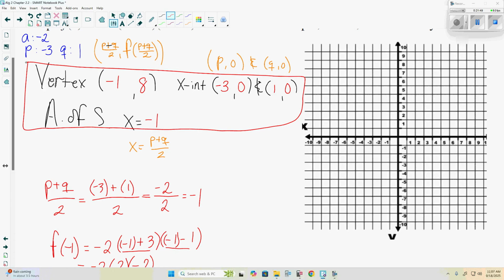The vertex is the point (-1, 8). That's our vertex. Now, because the value of A is negative, we know it's going to open down. The nice thing about the x-intercepts is we know that this graph is also going to cross at (-3, 0) and (1, 0).